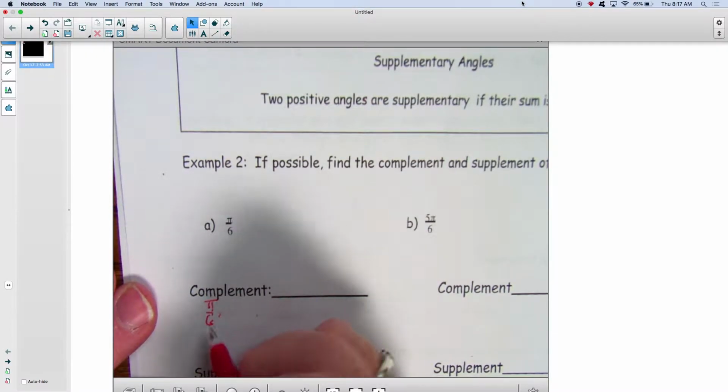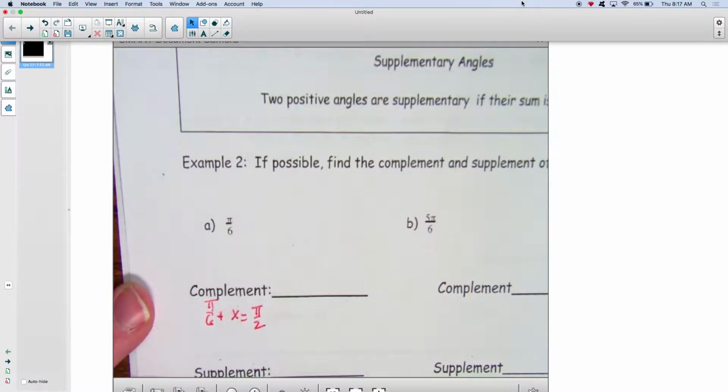Pi over 6 plus what angle equals pi over 2?